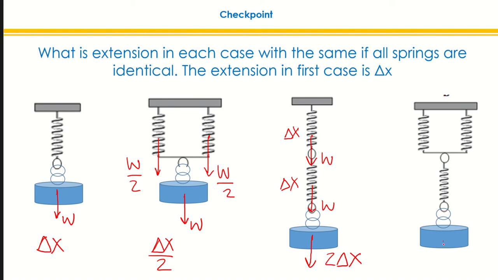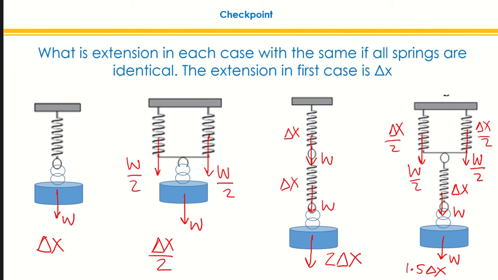The W, which is the load, acts on this, and then it is shared by the two springs. So this produces Δx, and the other two produce Δx over 2. So the total extension produced is 1.5 times Δx.